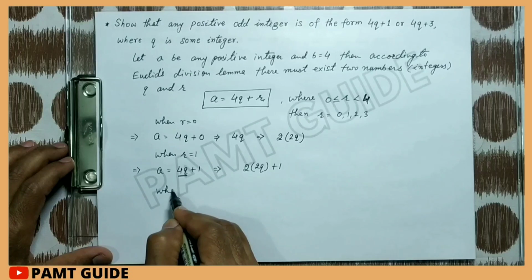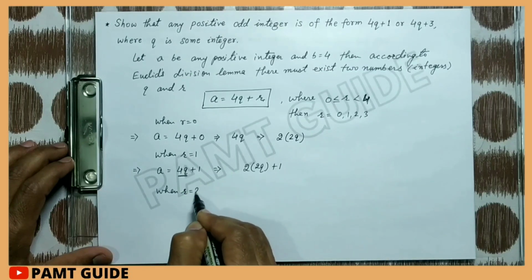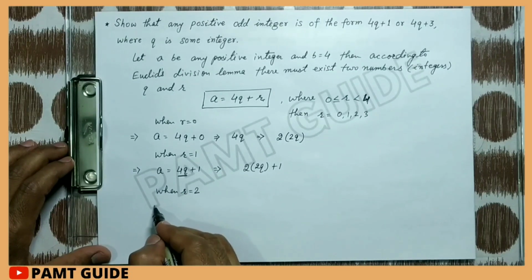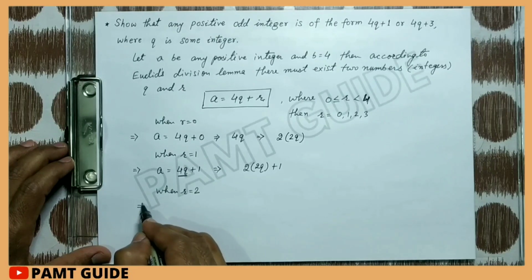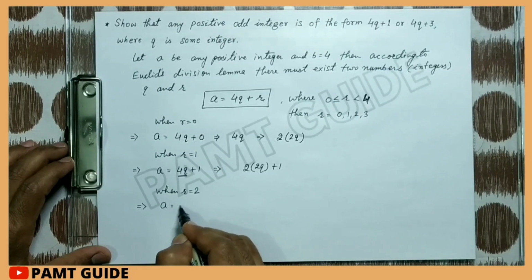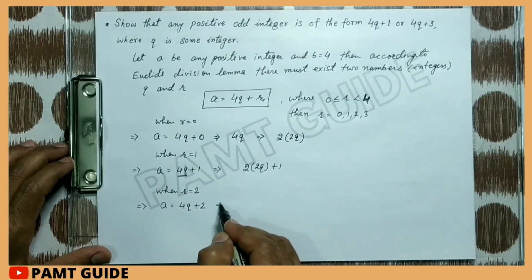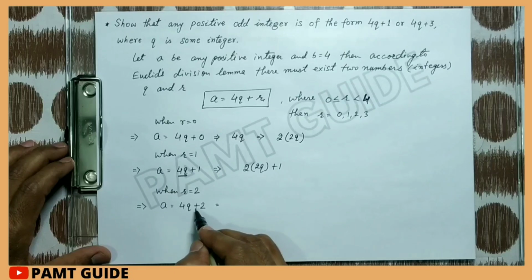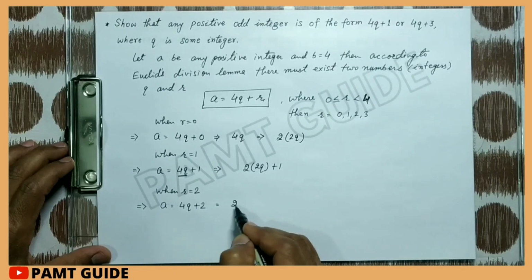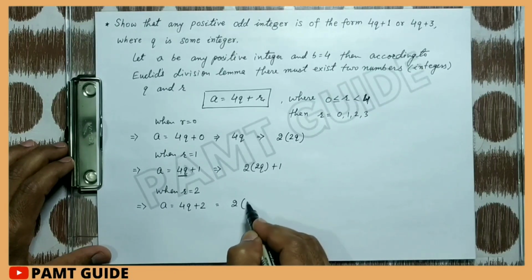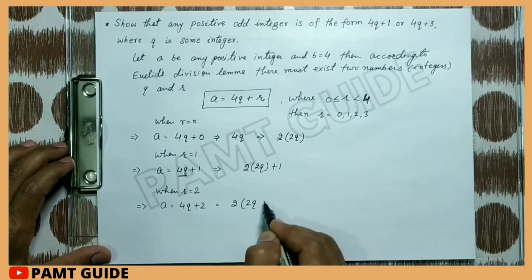And when r equal to 2, then a equal to 4q plus 2. And when we take 2 as a common from 4q plus 2, 2 2s are 4 and 2 1s are 2.